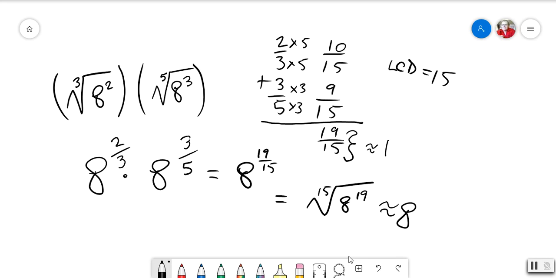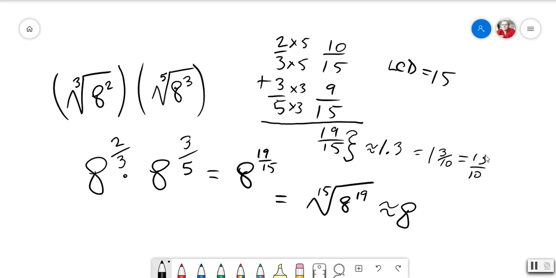So it is about 1.3. Well, 1.3 is 1 3/10 equals 13/10.